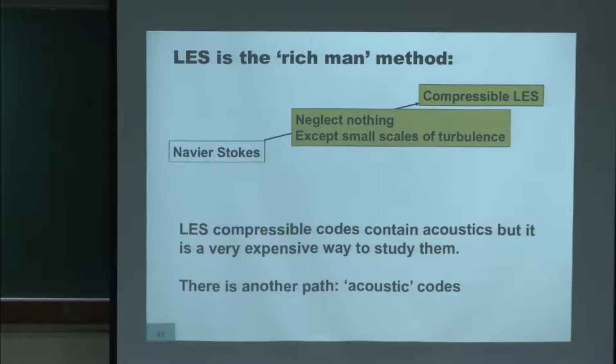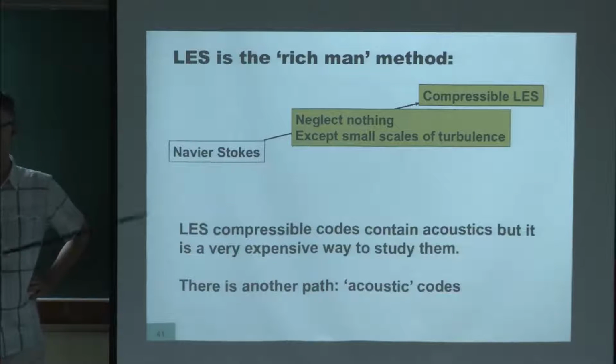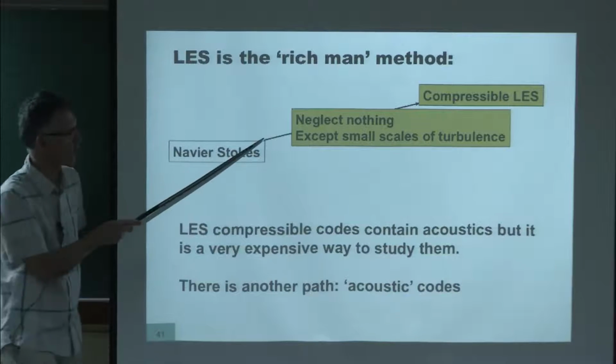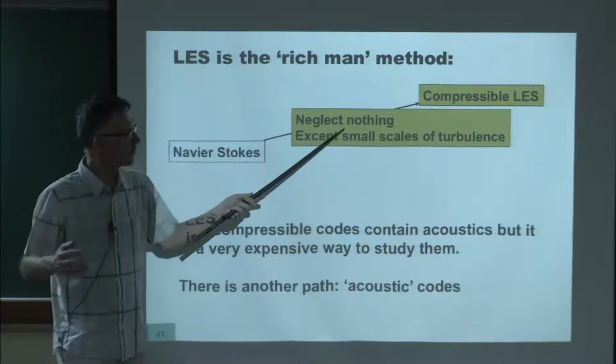So the starting point of that, again, is to recognize that in the Navier-Stokes equations, you have everything. You have acoustics, you have flames, you have turbulence, everything. So if you solve the Navier-Stokes equations, you're good. You cannot solve the Navier-Stokes equations, but you can do LES.